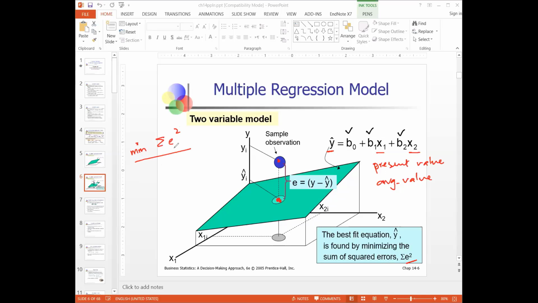This is the property, and while minimizing, it will calculate B0, B1 and B2. So this is the process of statistics, where you have the values of y, x1 and x2, and you calculate B0, B1 and B2.